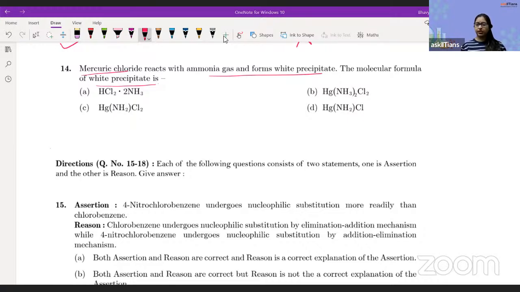Yeah, so there was a mercury cell which is used in the electrochemistry. Now they have retrieved the information from there, like they have framed the question from that very values. Okay, now how does that happen? So if you talk about this reaction, the white precipitate so formed is because of this.